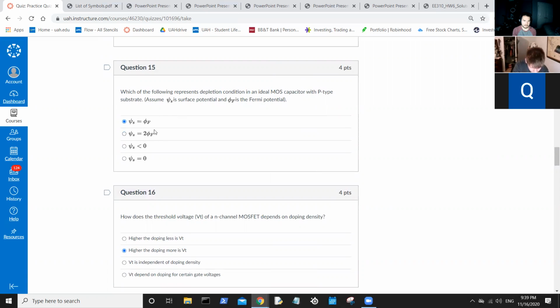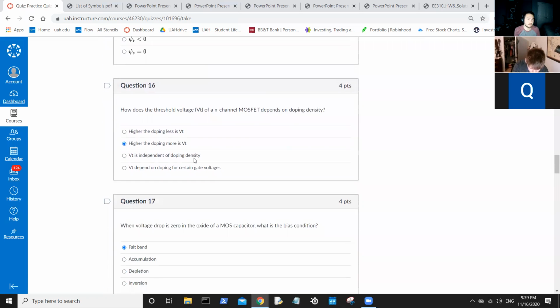I believe this is the onset of inversion condition, and these are probably one of the other conditions, like depletion or flat band or something. But this is the depletion condition for a P substrate system, and this is probably the depletion condition. Yeah, this is the condition for flat band if I had to take a guess.